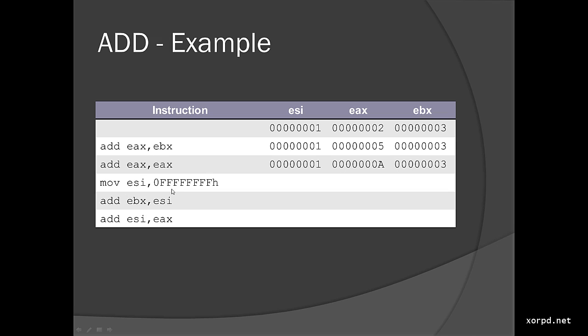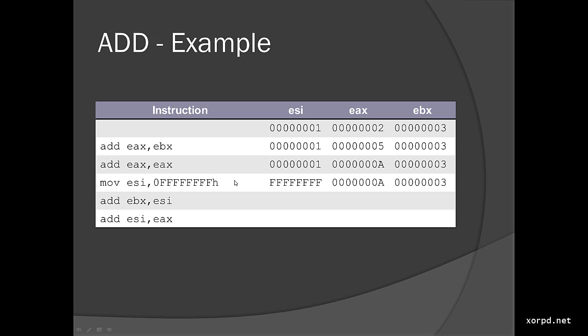Another instruction, this time this is move. We are mostly talking about add here, but I think some interesting move in this sequence of instructions can actually make things even more interesting. So indeed, we have this F thingy put inside ESI. Now we are going to add EBX and ESI.